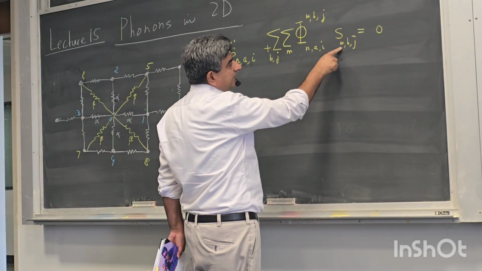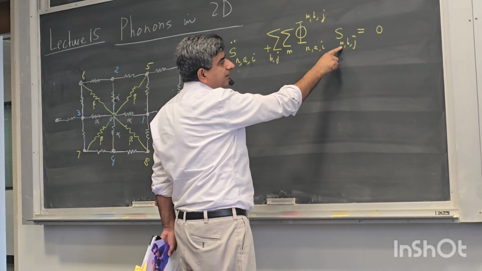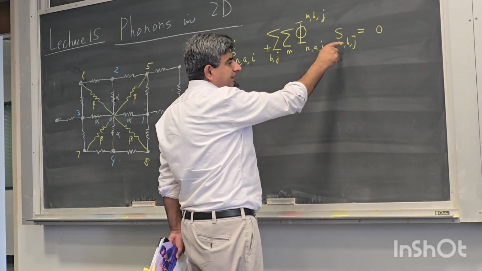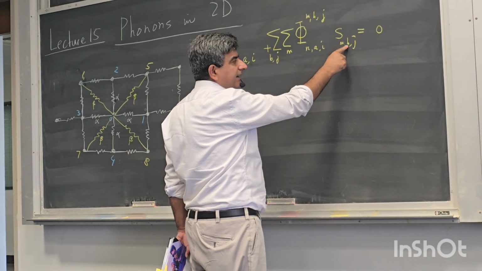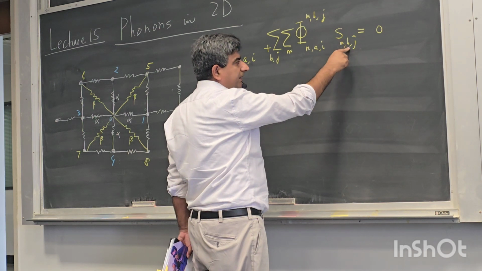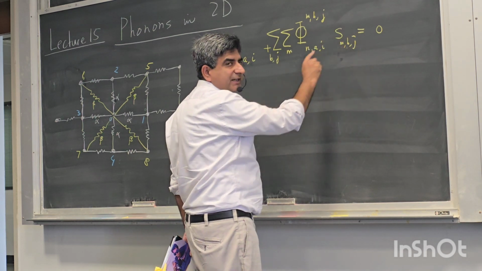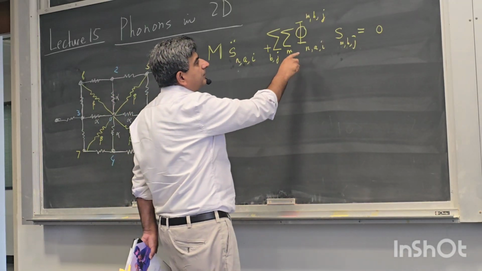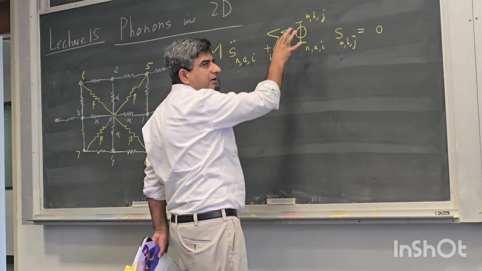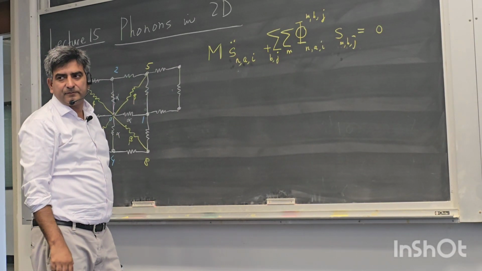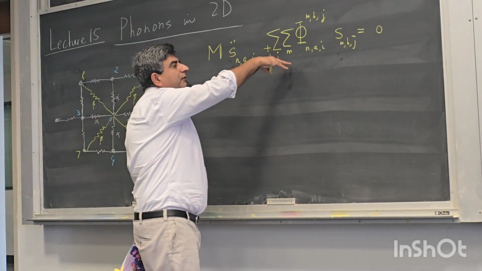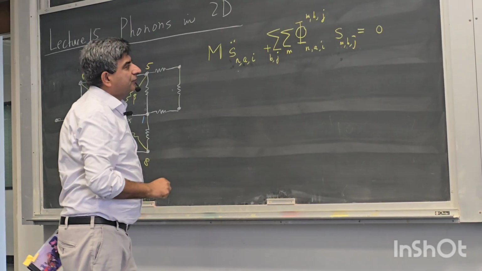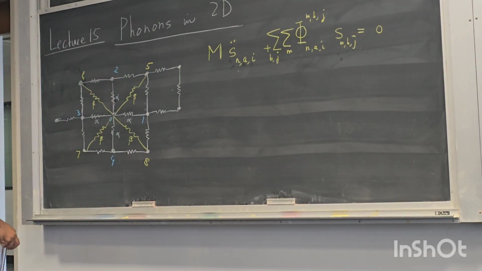So all other atoms are indexed by labels m, B and j: m is some lattice point, B is again the atom inside the basis hooked onto that lattice point, and j is the direction. You multiply this with the particular constant, and then you sum up over all other atoms m, B's and j's. So this is our equation of motion.